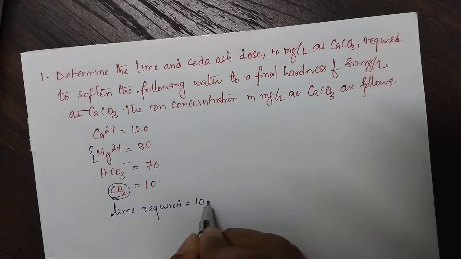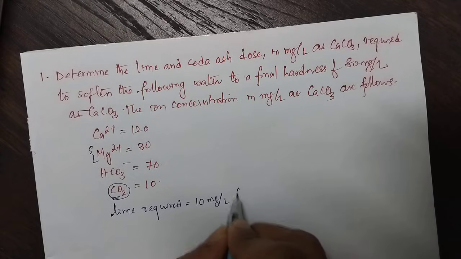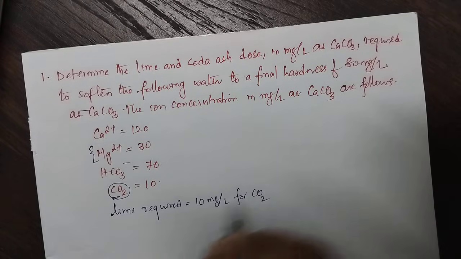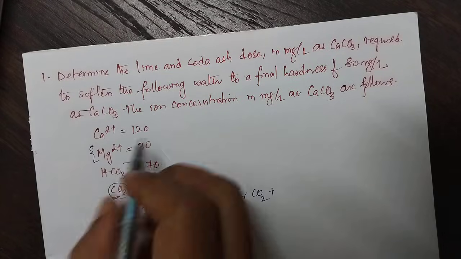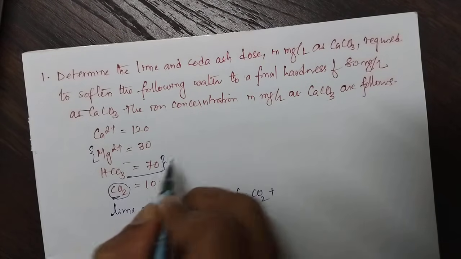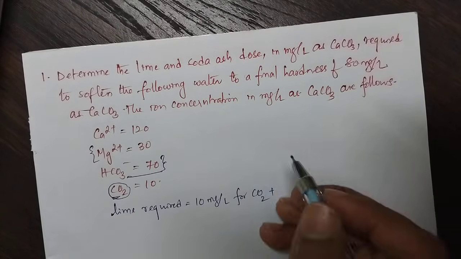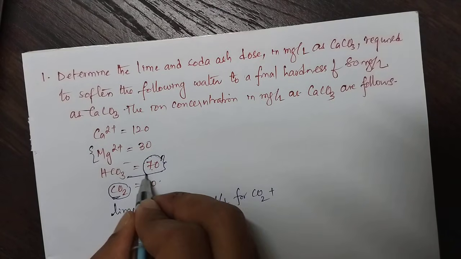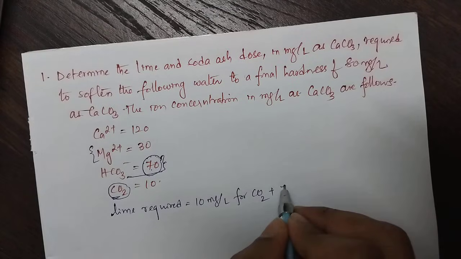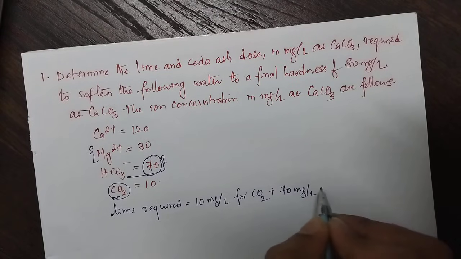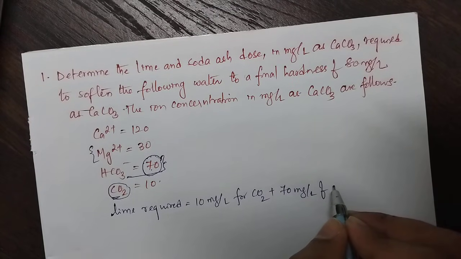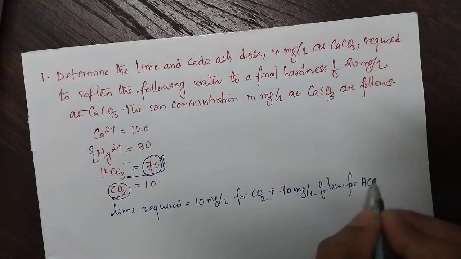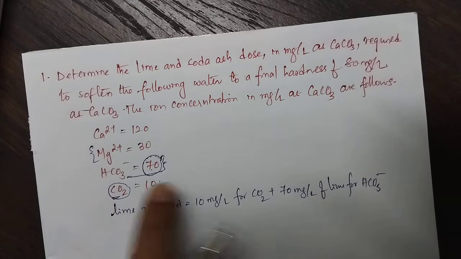So that is 10 milligram per liter for CO2. Then for HCO3-, which is the carbonate hardness, an equal amount of lime is required. So 70 milligram per liter of lime for HCO3-.